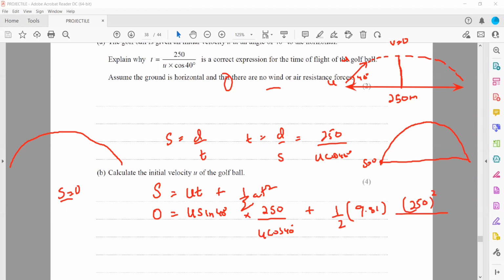It is moving against gravity, that's why it will be negative. Now we simplify using mathematical rules. This u will cancel with u. Sin 40 divided by cos 40 will be tan 40. So it will be tan 40 into 250, minus 9.81 divided by 2.